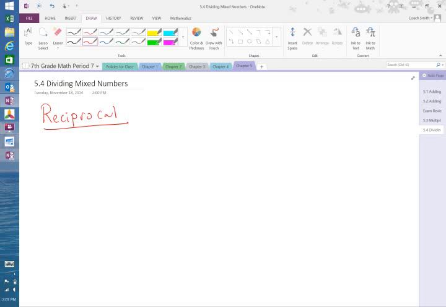All right, reciprocal. Reciprocal means to flip or reverse the fraction. Okay?